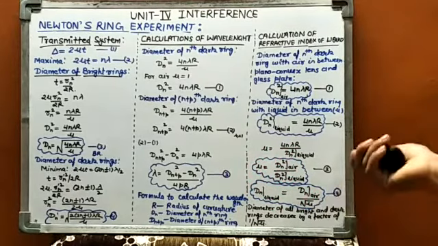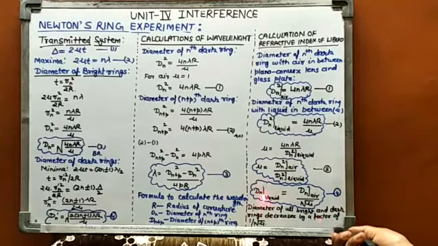One more point that can be concluded from this expression is that the diameter of the nth dark ring with liquid between the plano-convex lens and glass plate is always less than the diameter of the same dark ring with air, because the diameter is reduced by a factor of 1 upon root mu.